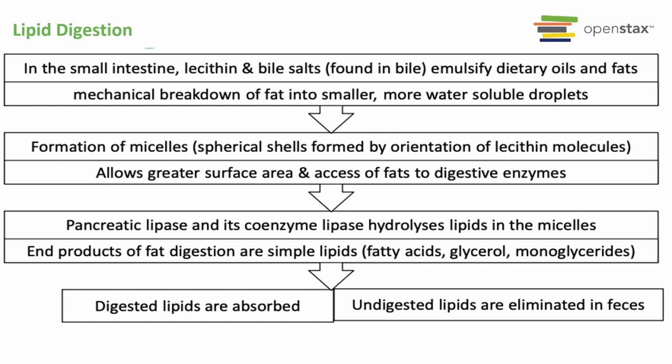Notably, pancreatic lipases are enzymes which help to hydrolyze or break down these lipids that are released from the micelles into very simple lipids, which then can be absorbed. Undigested lipids will be eliminated in the feces.